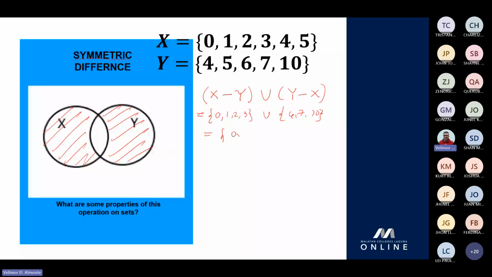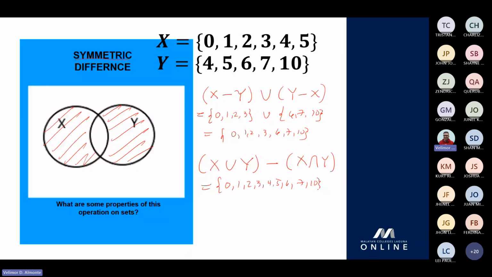Take note that if I first get the union, x union y, then subtract the intersection, this will give me the same result. Let's try. Union: 0, 1, 2, 3, 4, 5, 6, 7, 10.